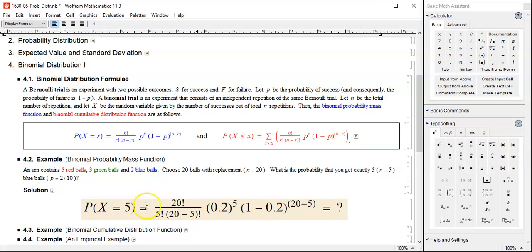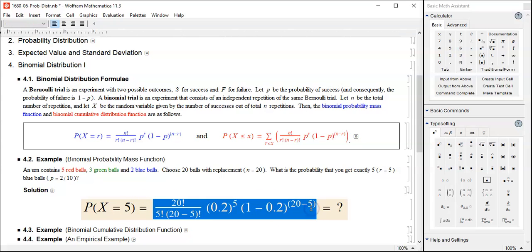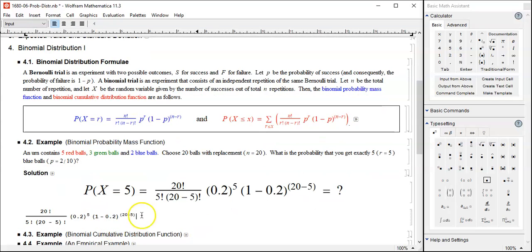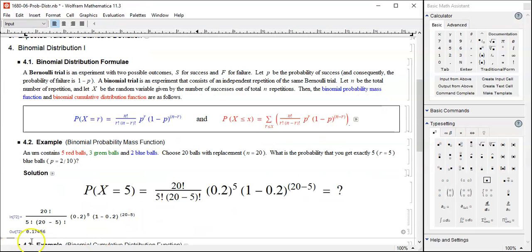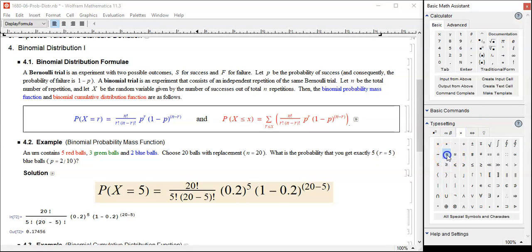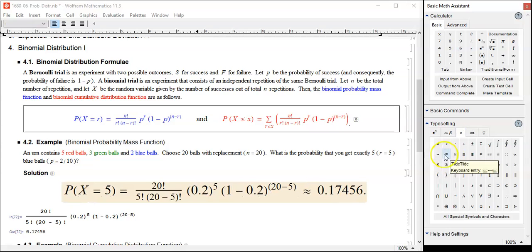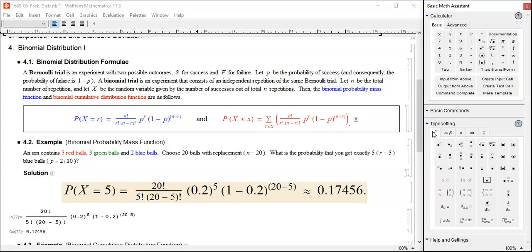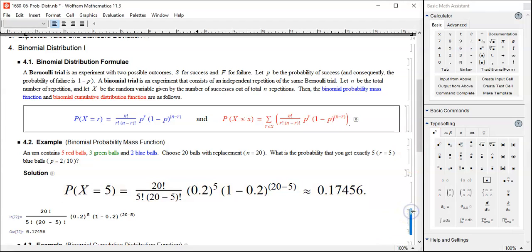All you have to do is to calculate this, and we have a computer here, so let's ask Mathematica to do that. And here's the answer. About 0.17, 17.5% or something like that.